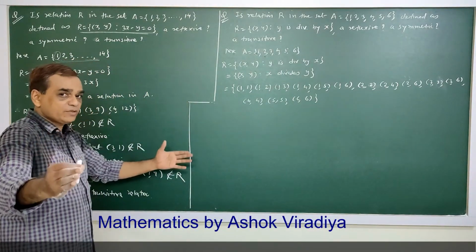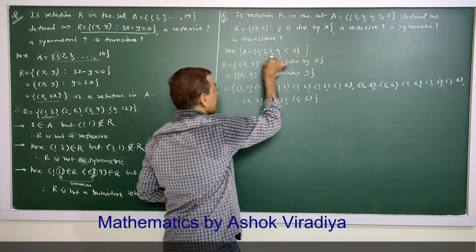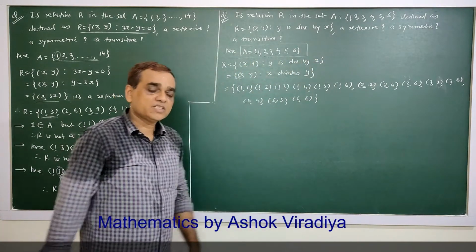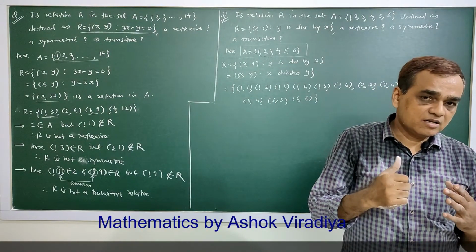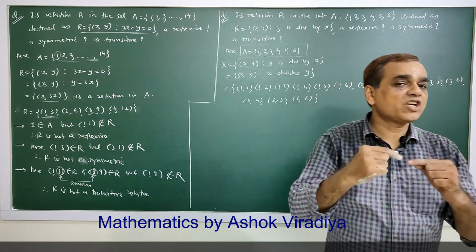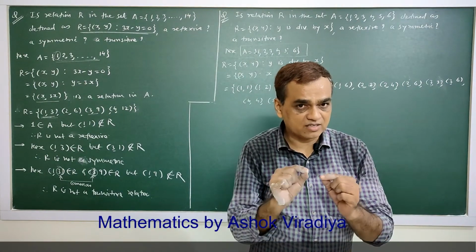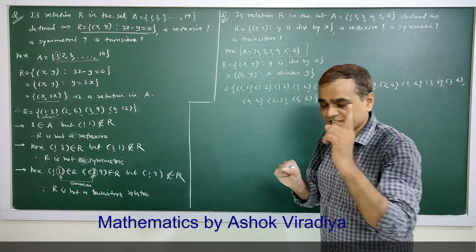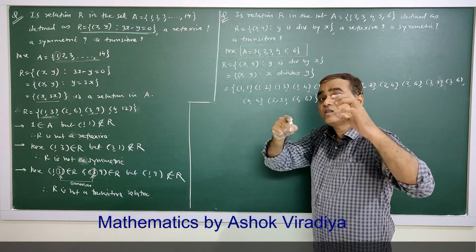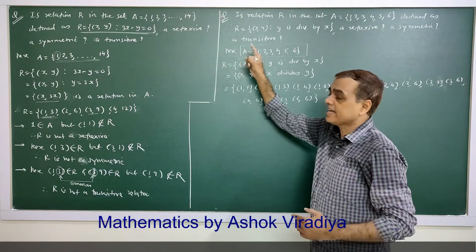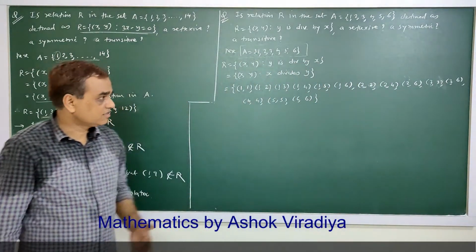For reflexivity, observe the given set A. Always remember, when we check reflexivity, observe A. When we check symmetricity and transitivity, then look in R. But when you check reflexivity, look in A, because for every element of A, its double pair we require.